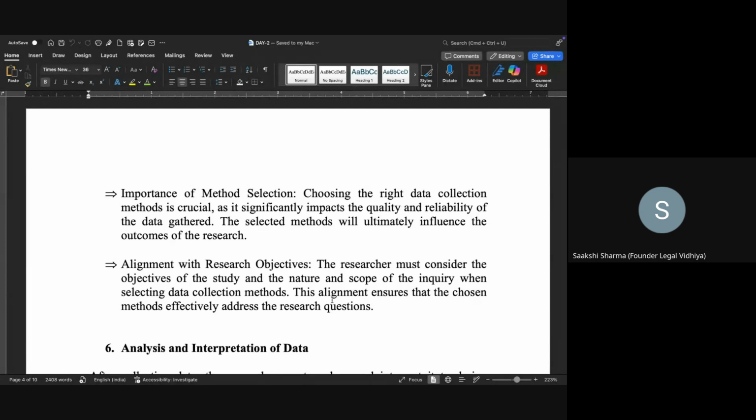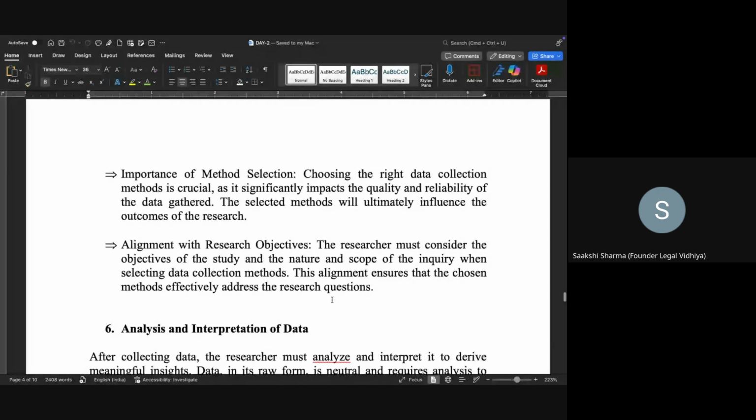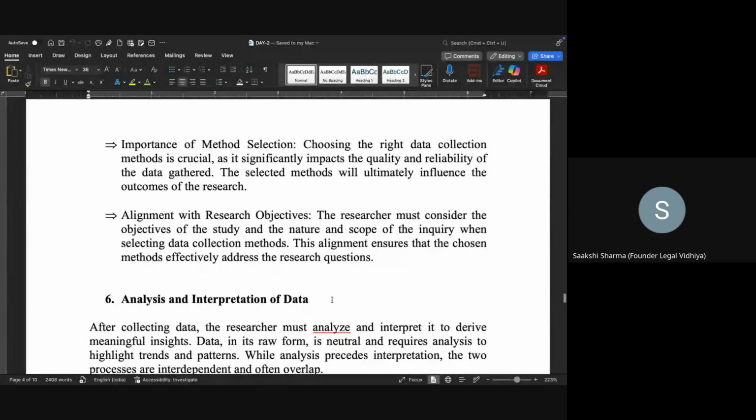If say for example my topic is something where I require people to answer a certain set of questions, and I do not choose giving a questionnaire as a way of collecting data, then I will not have that kind of information which is needed. So it is always important for you ki you select the proper type of mode in which you want to collect data.